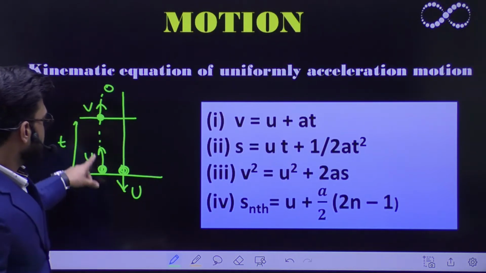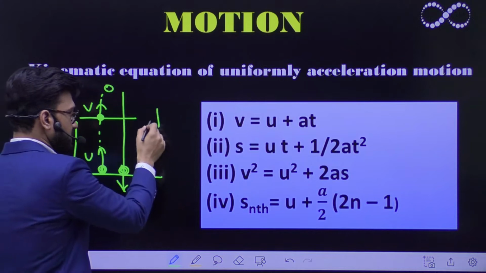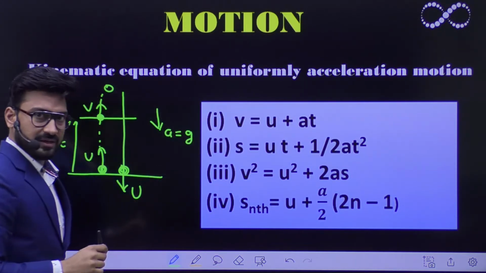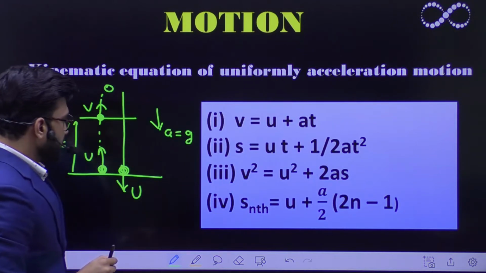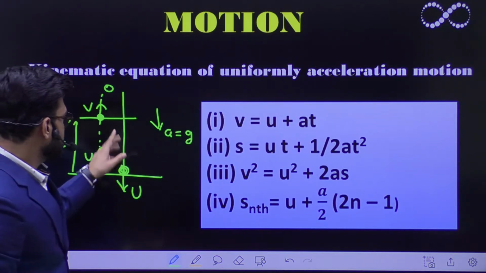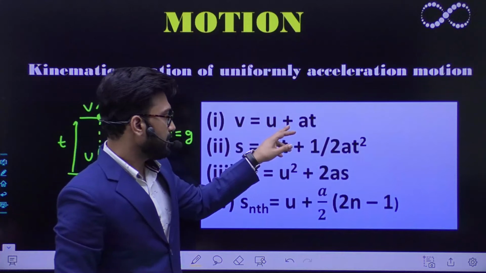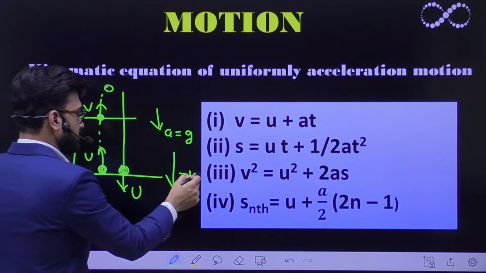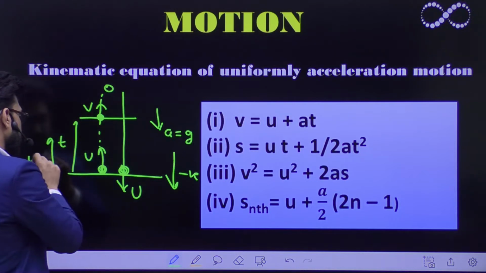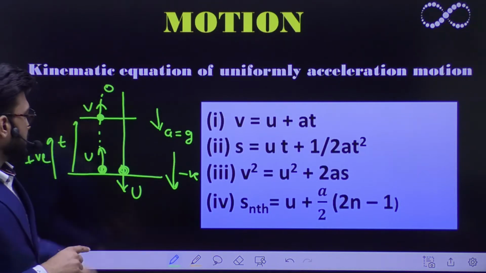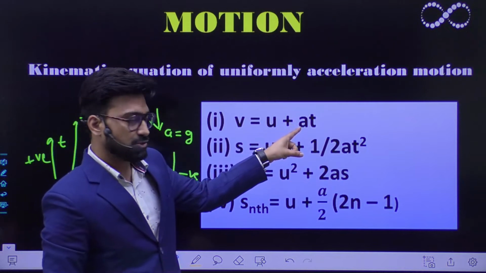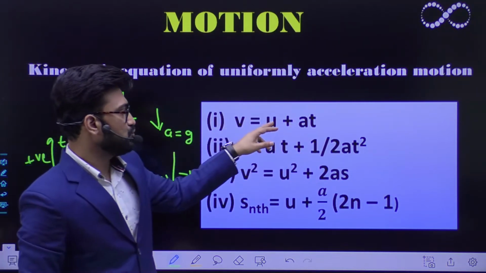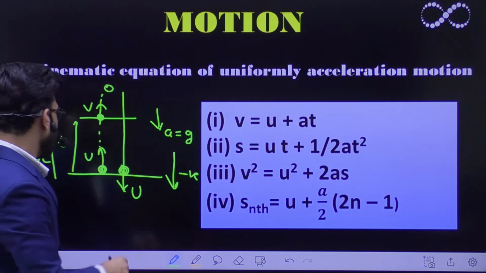Acceleration due to gravity, a is g over here, which is always directed downward. So you can easily use this equation as v is equal to u minus gt, because if you take the downward direction as negative, the upward direction is taken as positive. So in this particular case, the acceleration due to gravity has to be negative. So the equation becomes v is equal to u minus gt.